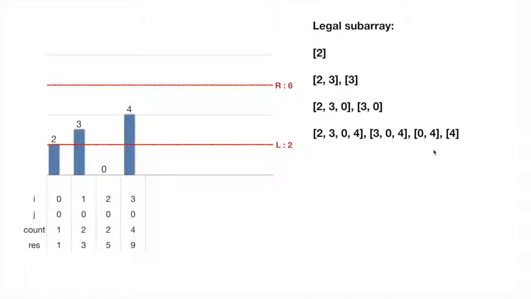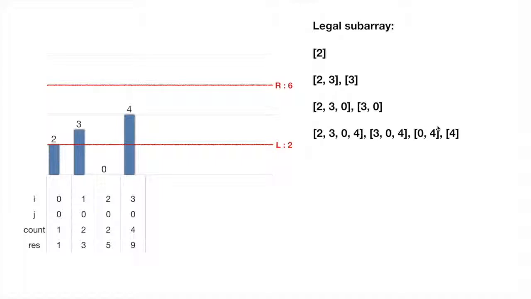Notice this subarray 0, 4 is a combination of a legal element and an illegal subarray. Although the single element subarray 0 is illegal, as long as it combines with the legal element, it becomes a legal subarray.